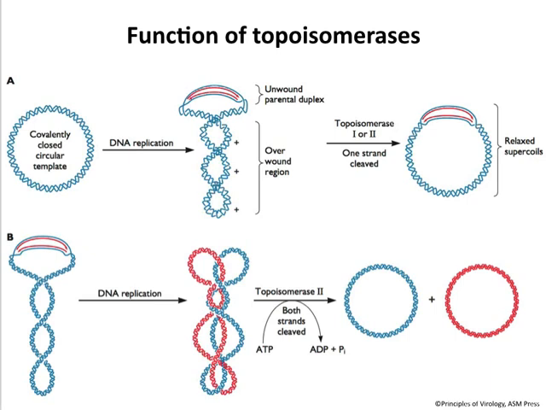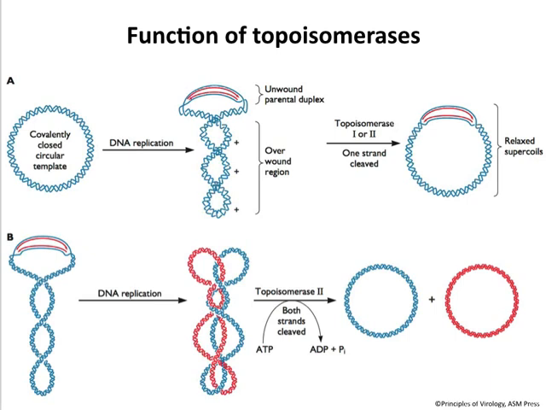The other thing that happens is when you're finally done replicating this whole molecule, you have a parental one in blue and a daughter molecule in red. This isn't actually a correct image. They should be a blue and red strand on both. That would be semi-conservative replication. Anyway, they're intertwined. They're locked together, right? They're like two circles here.